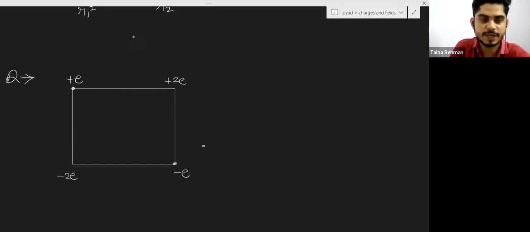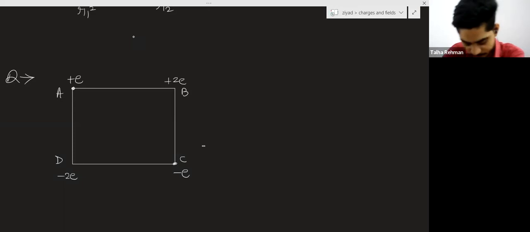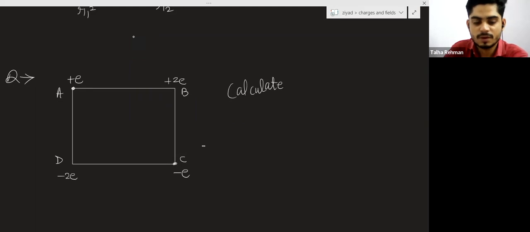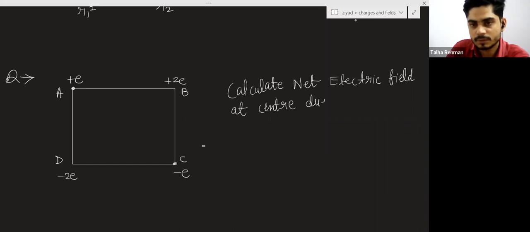This is point A, this is B, this is C, this is D. And we have to calculate the net electric field at the center due to the given charges.